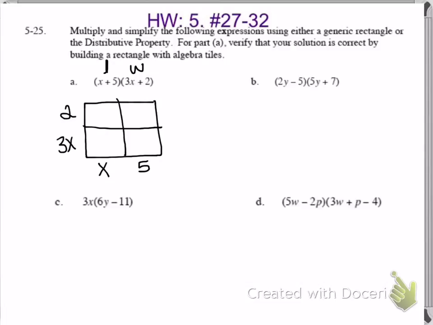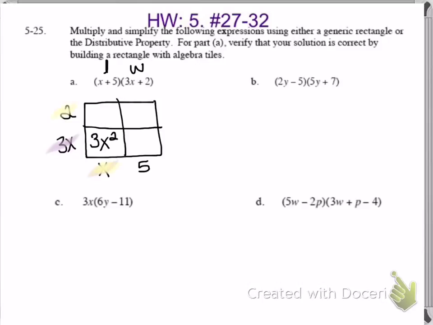Now what we are going to do is multiply to get the area of each rectangle. So the first thing that I'm going to do is take the 3x times the x. And that's going to give me 3x squared. The next thing that I'm going to do is take the x times the 2.